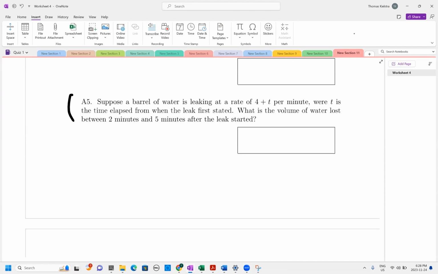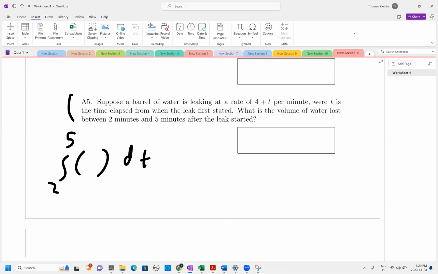If you remember from our class, given that we know what the rate is, we can't figure out the amount of volume left at a particular time. But over a given time, we can use that rate to determine the total volume lost. So if we're looking at the volume lost over a change of time from 2 to 5, we put our rate equation inside with respect to t.